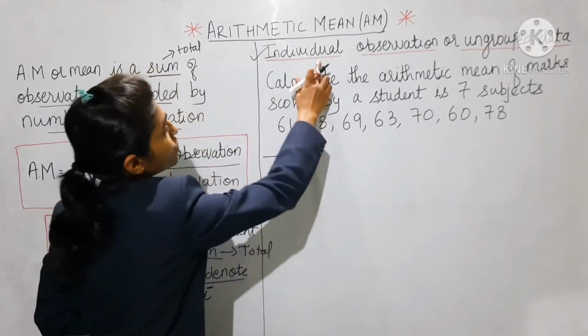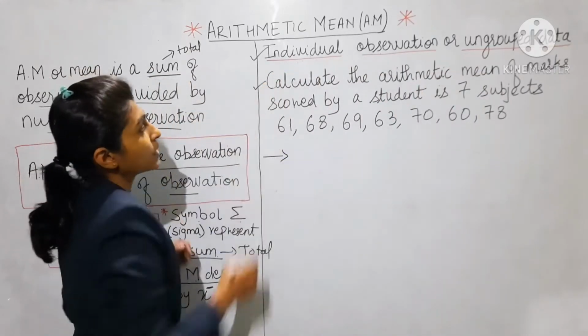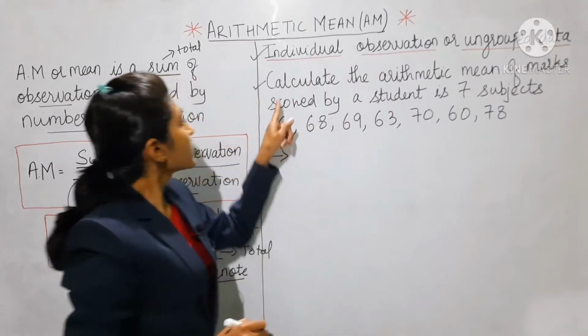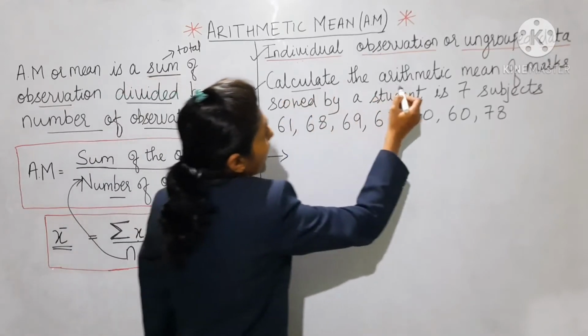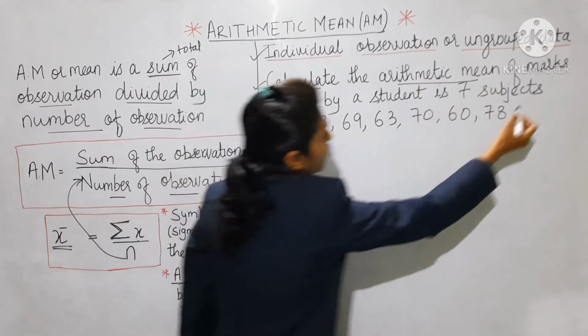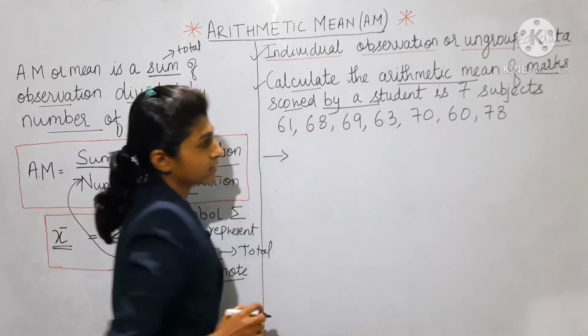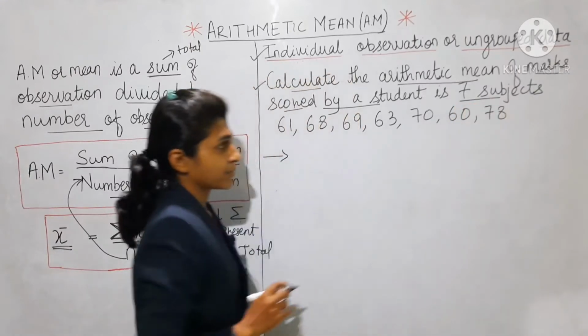Now here is an example of individual observation or ungrouped data. Calculate arithmetic mean of marks scored by a student in 7 subjects.